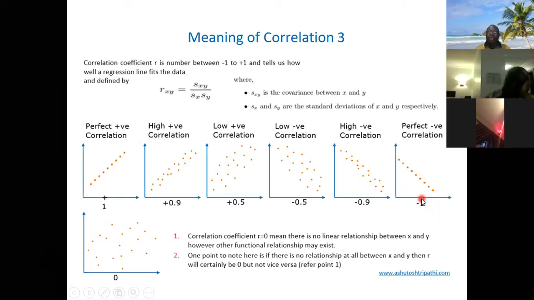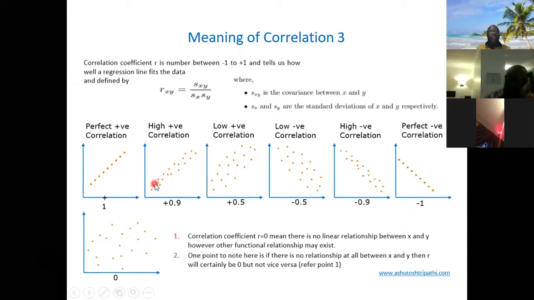Can you see? So whenever the slope is slanting downward to the right, that is a negative slope. It means that is negative correlation, that is inverse proportion. But if it slopes upward like the first one, that is positive correlation, which is direct proportion.